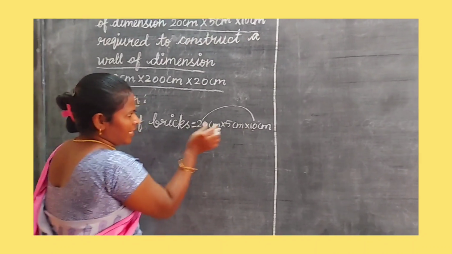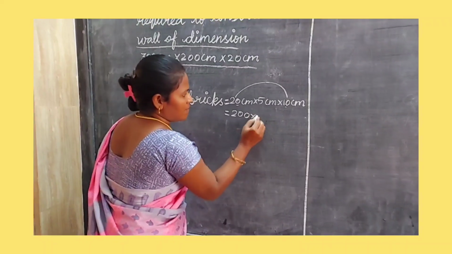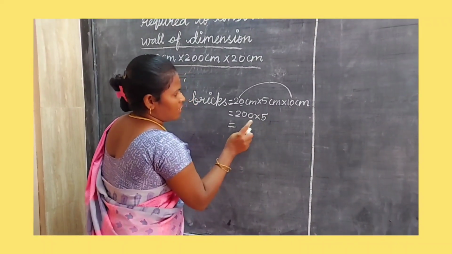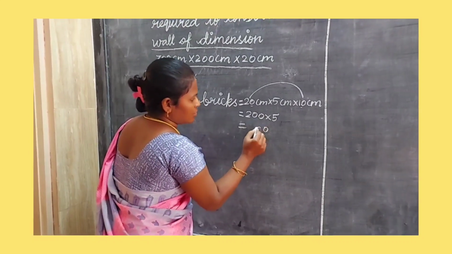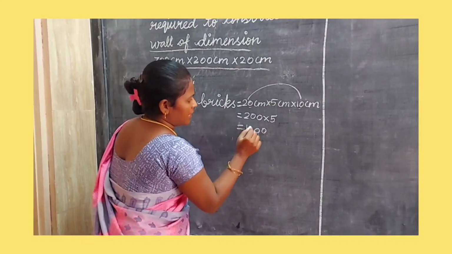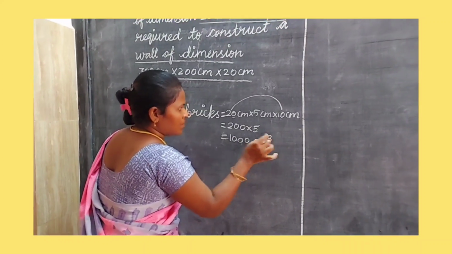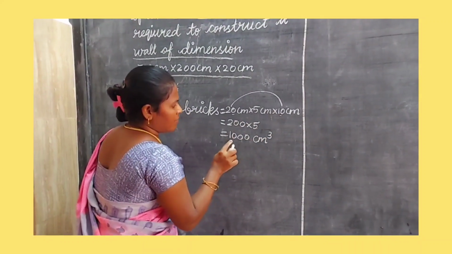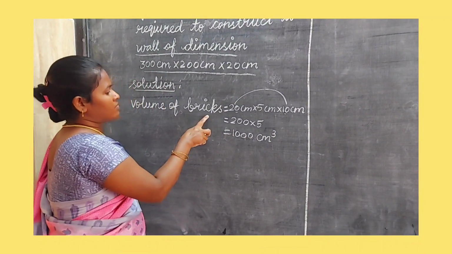So 20 into 10 means we get 200. Next this value multiply 5. 5 into 0 0, 5 2s are 10. So the measurement is centimeter cube. When we multiply the 3 values, we write 1000 centimeter cube is the volume of bricks.